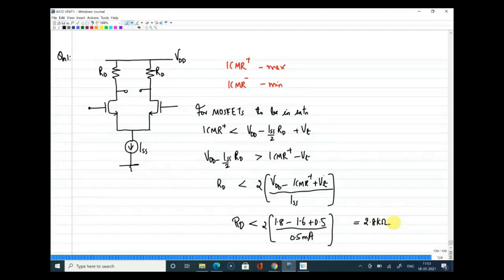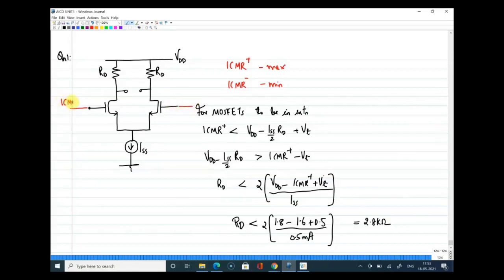Sir, ICMR is Vout here, right? The Vout is at the Vout terminal here, right? No, ICMR, what do you mean by ICMR? Some common mode input. Common mode input. So where is it applied?